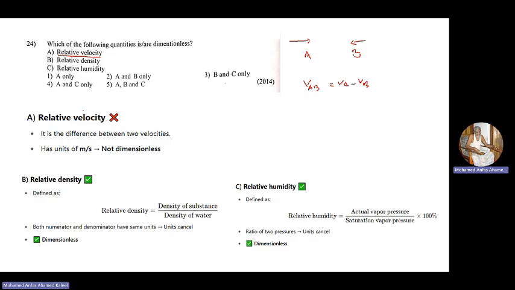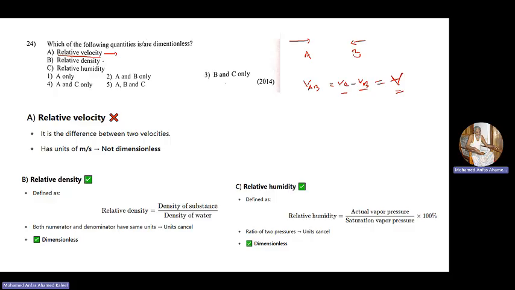The relative velocity is the difference between two velocities, so the final result should be a velocity. The dimension should be equal to that of velocity, so it cannot be dimensionless. The relative velocity cannot be dimensionless.